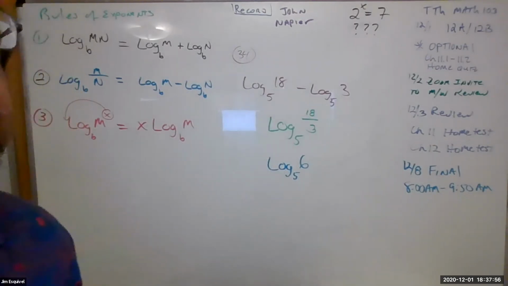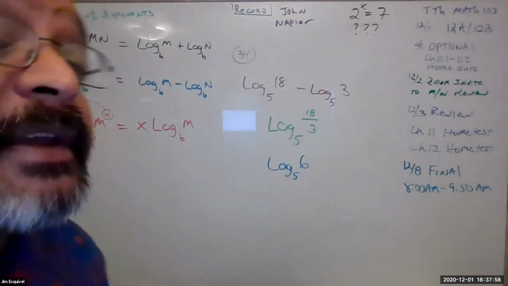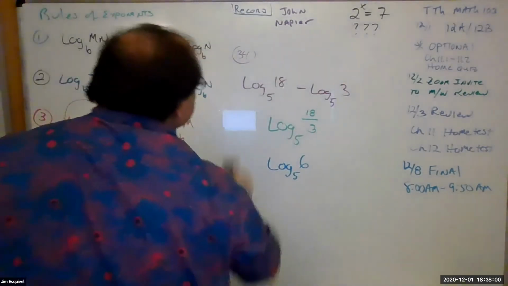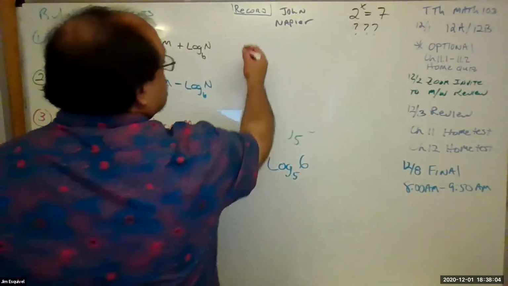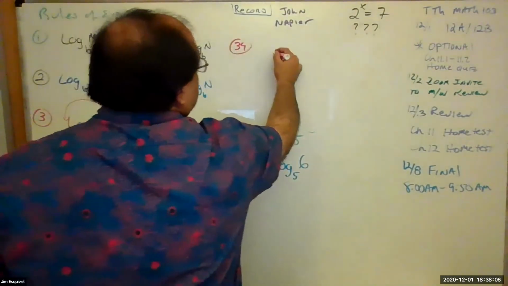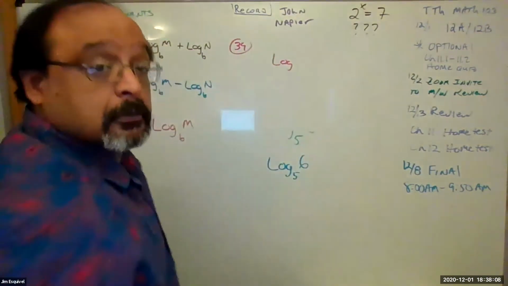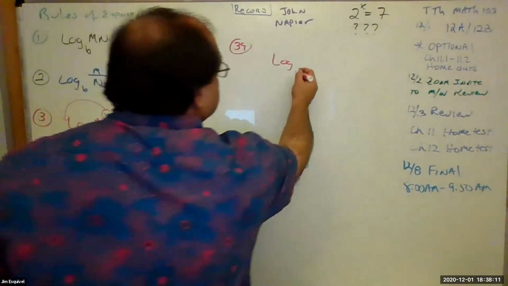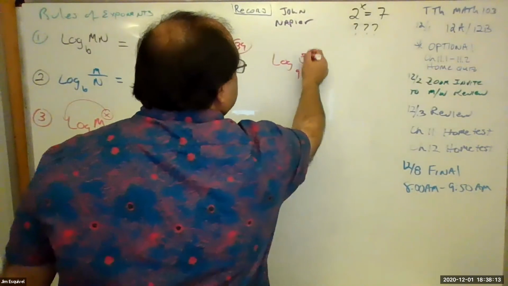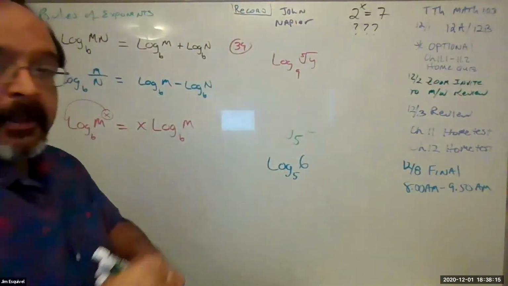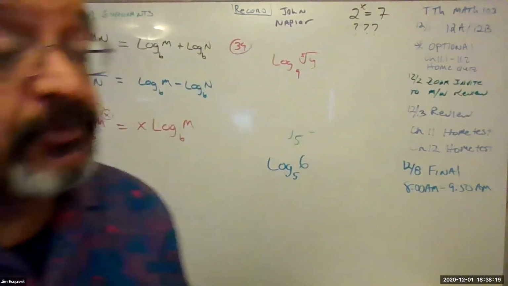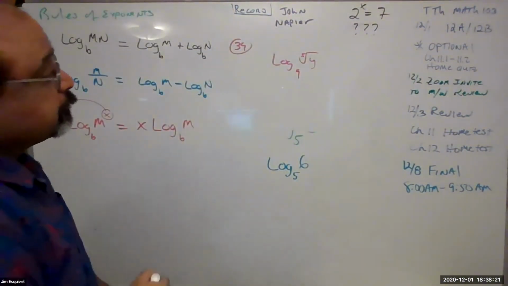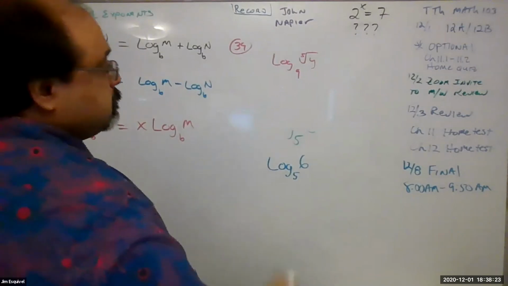This is 39. Log base 9 of the 5th root of y. Directions say use the power property, which is the Price is Right rule.